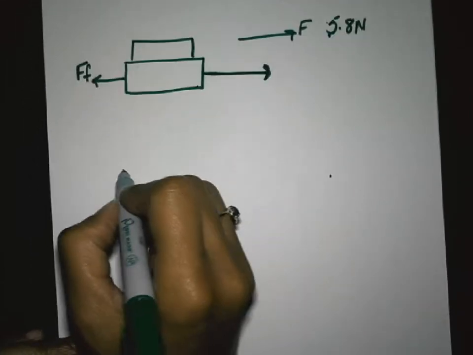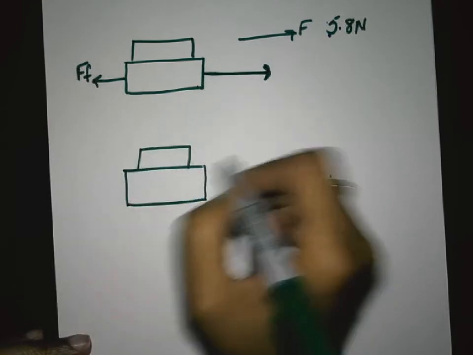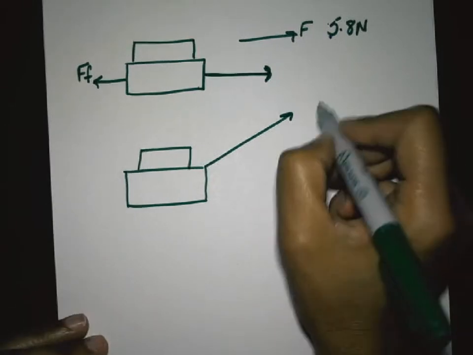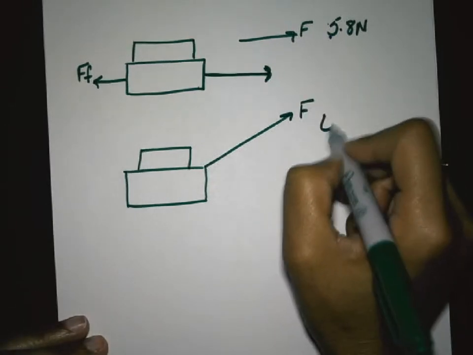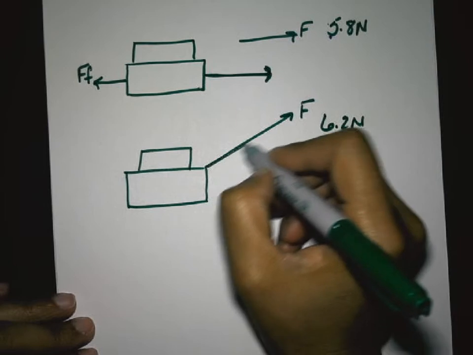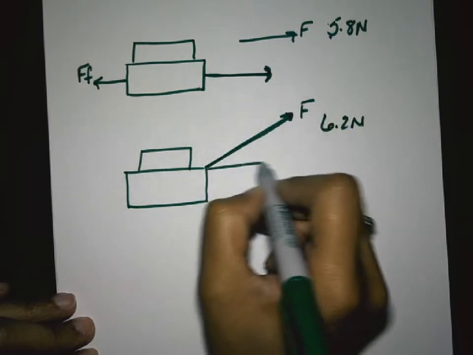Then what I did is I took that same block with the weights on top and I pulled it up at an angle at a constant velocity. But this time it was like 6.2 newtons. And the reason why it was more is because when you pull up at an angle, that force does two things.